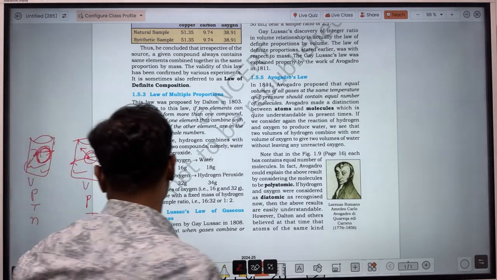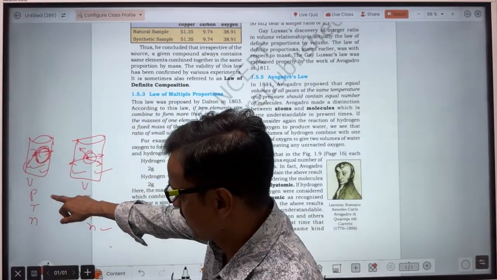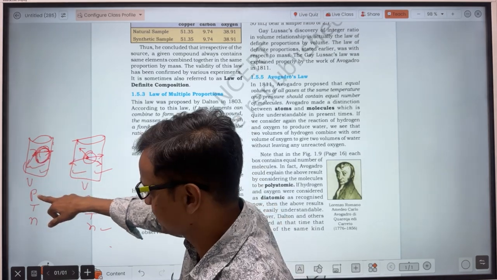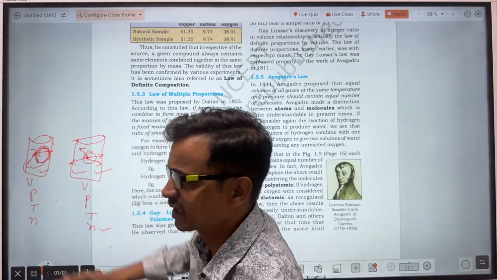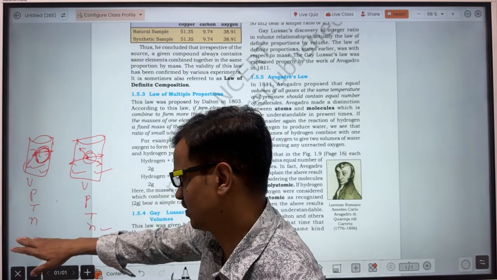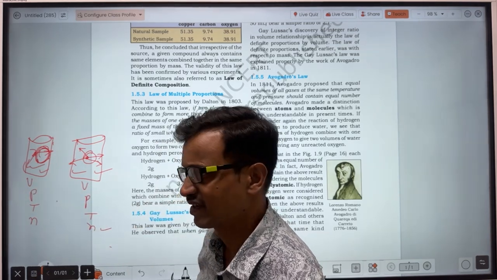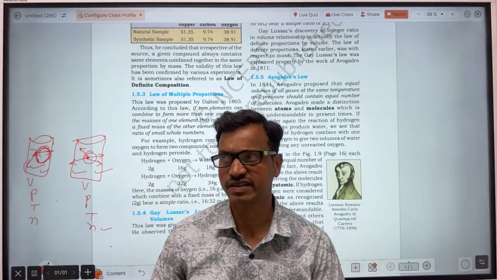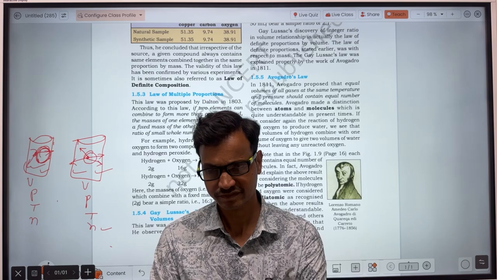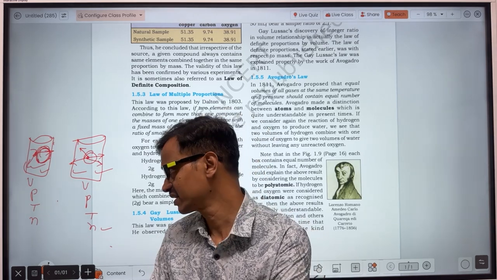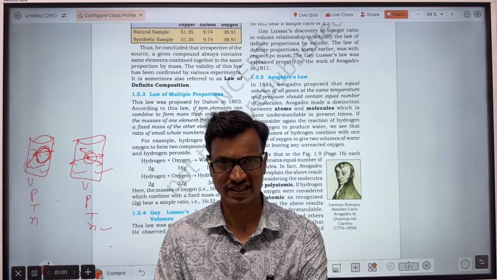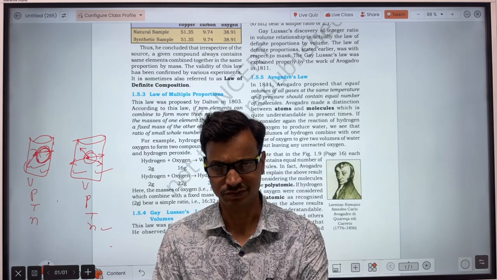Avogadro's law states that when the temperature, pressure and volume occupied by the gas are the same, then the number of particles of the gases will be also the same. So Avogadro's law states that at the same conditions of temperature and pressure, equal numbers of moles of gases will occupy equal volume.